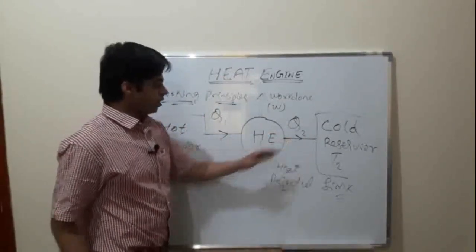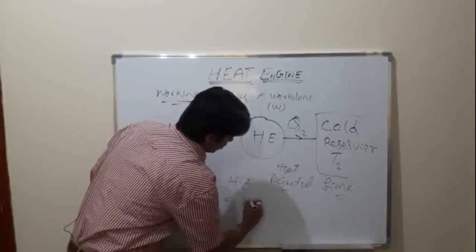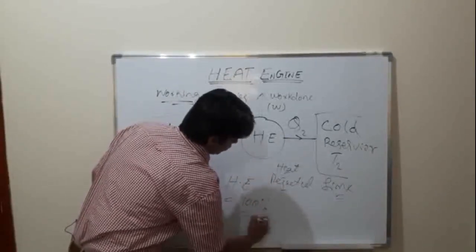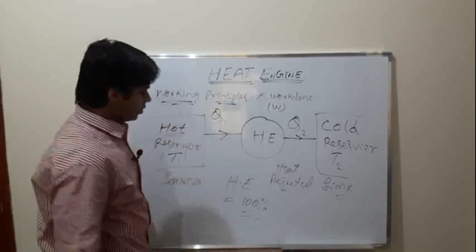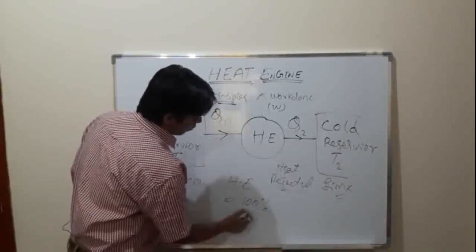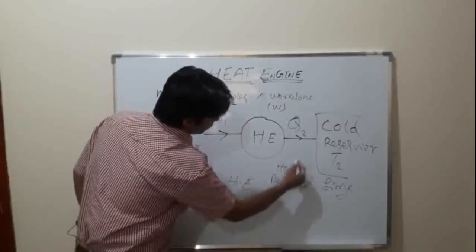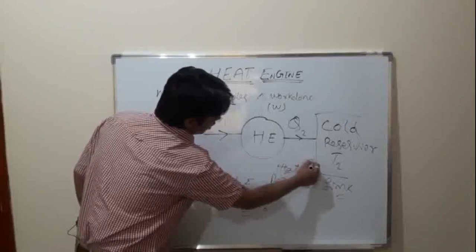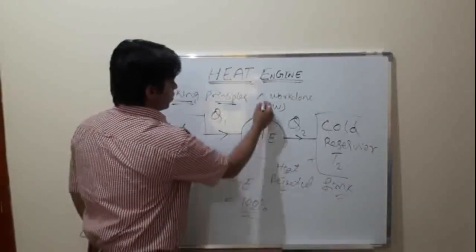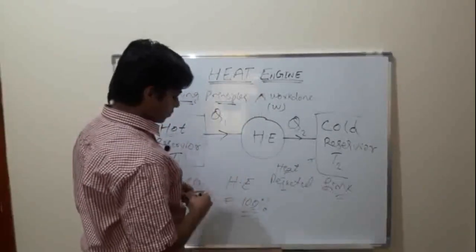That means the heat engine cannot be 100% effective. The thermal efficiency of your heat engine will not be 100%. Some amount of energy will be rejected in the surrounding, and the remaining you can use for mechanical work done.